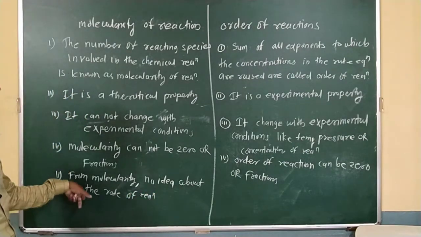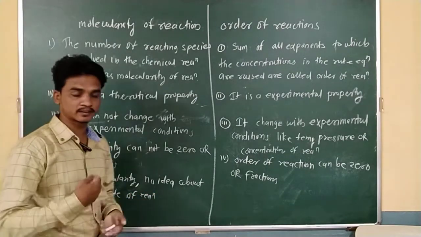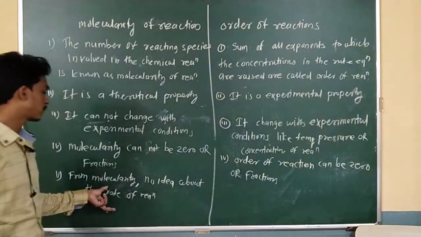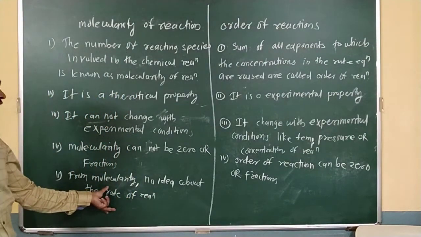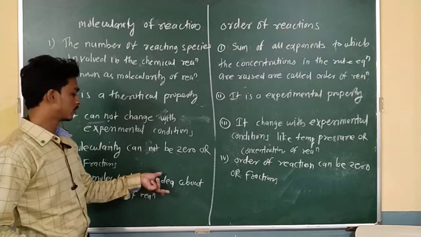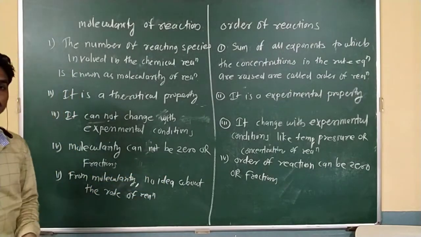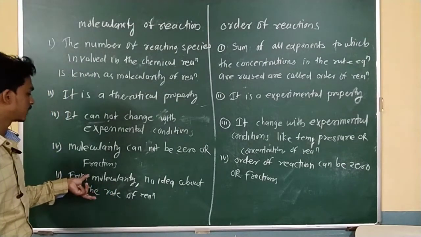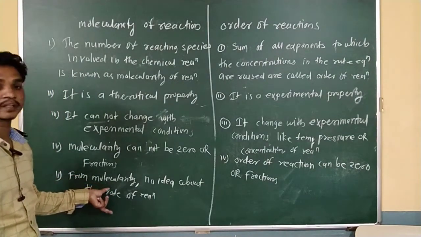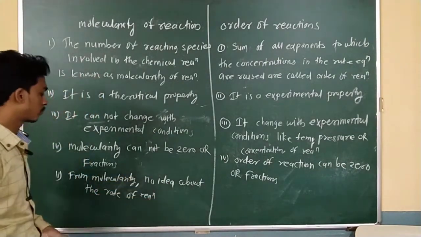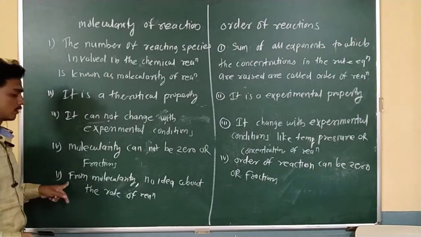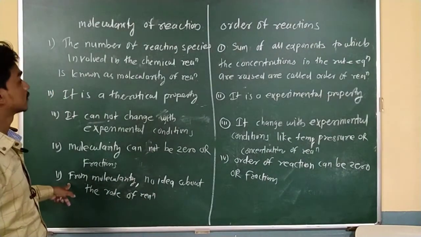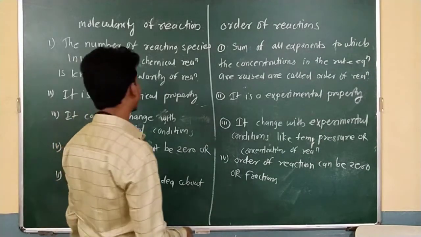From the molecularity, we cannot determine what the rate of reaction is. We don't have any idea about the rate of reaction. So this is the last difference between molecularity and order.